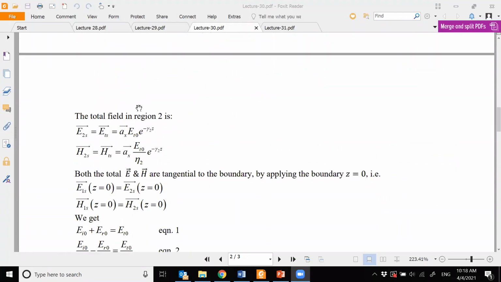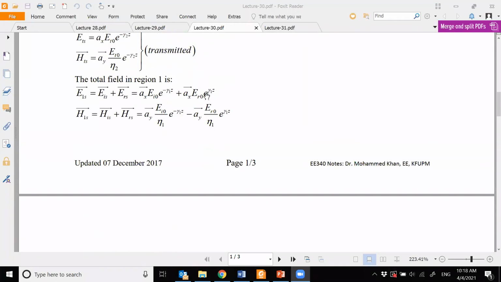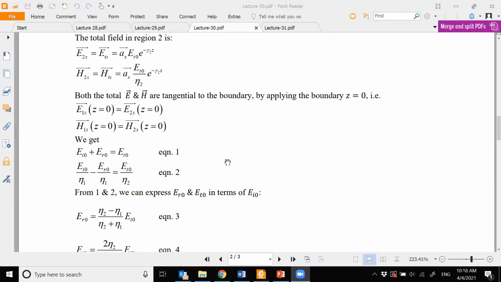And the total field in region 2, E2S, is only the transmitted electric field, and H2S is only the transmitted magnetic field. So now we have the complete electric and magnetic field vectors in medium 1 and in medium 2. Now let's go and apply the boundary conditions.